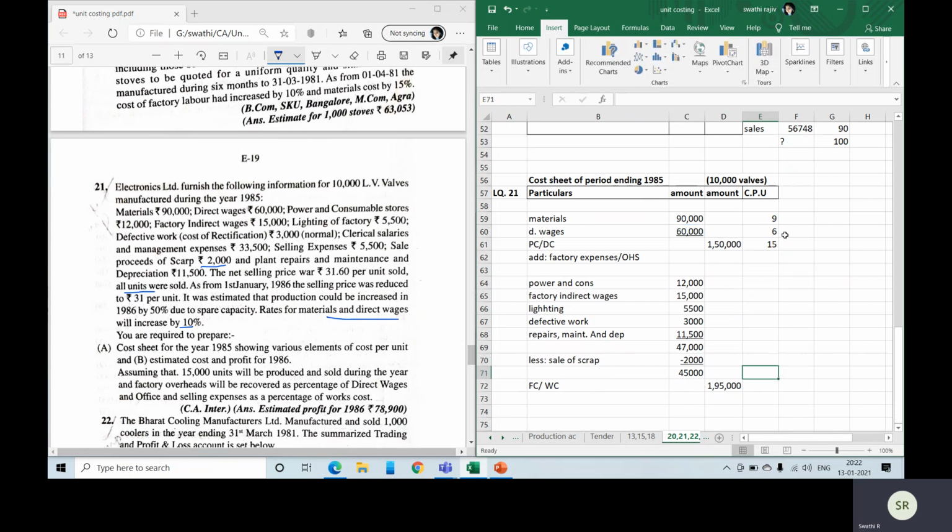For the 45,000 we can directly calculate: 45,000 divided by 10,000, and 45 plus 15, it is divided by 10,000, right? Then we will get this as 19.5.